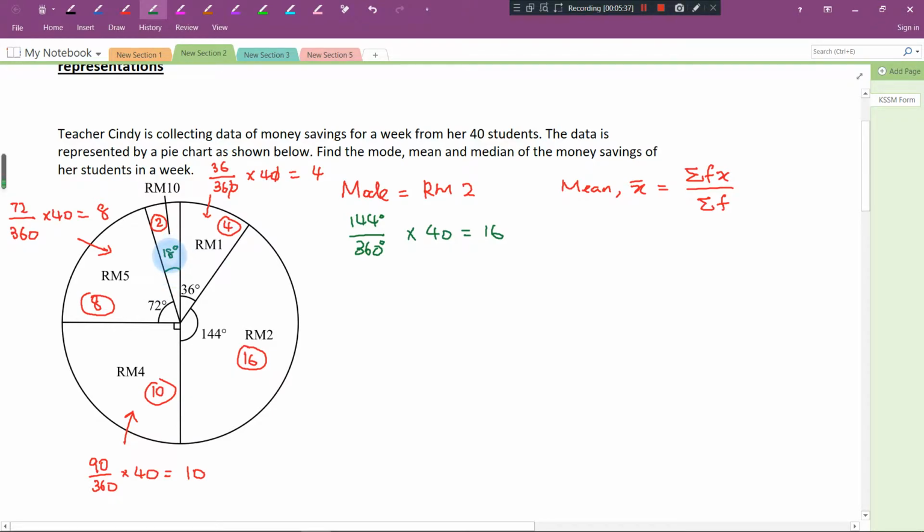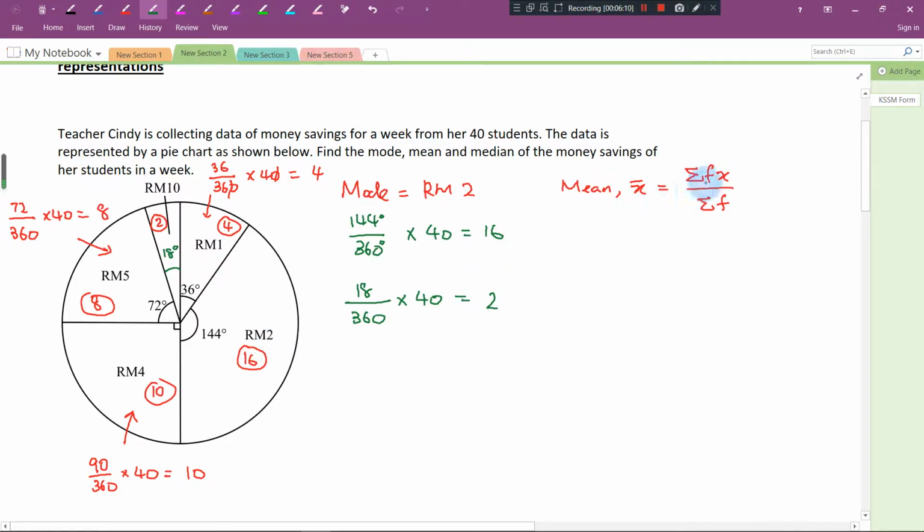If you want to double confirm whether these are correct or not, we can use the same method to help us get the frequency. One full turn is 360 degrees. You don't need to write the degree, it is okay. So out of 360, we have 18 over here, times the total number of students, which is 40. Okay, let's see, correct or not. 18 divided by 360 times 40. Okay, correct. 2 students. Now we have the number of students for each data.